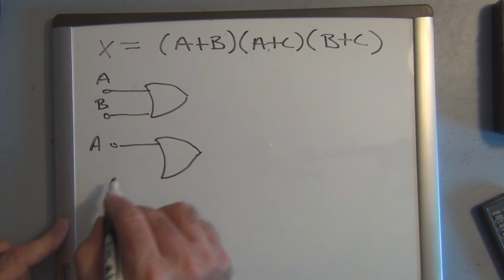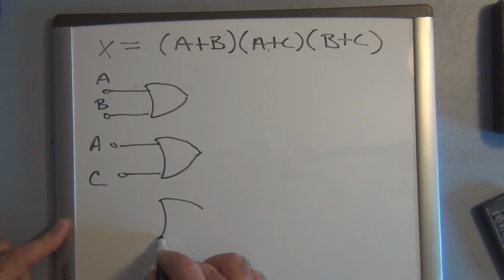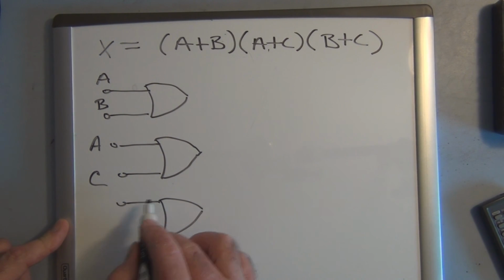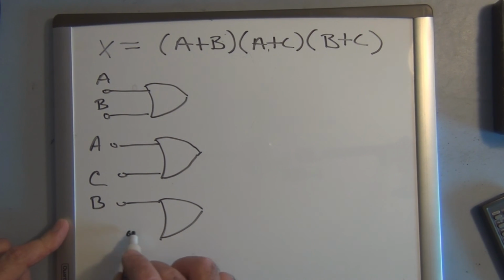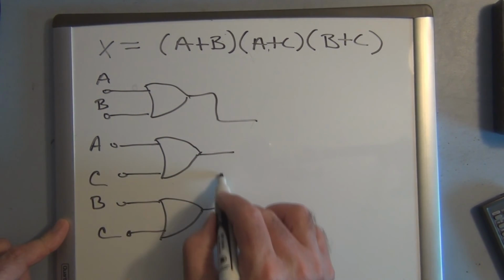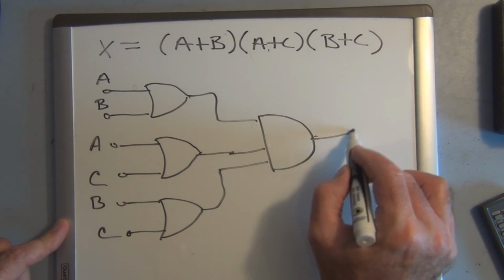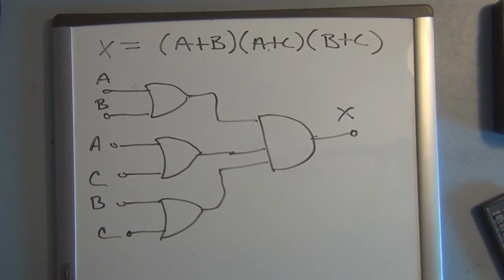This is A and C, and another OR gate here. And this is B, C. And then these feed a 3-input AND gate to produce X.